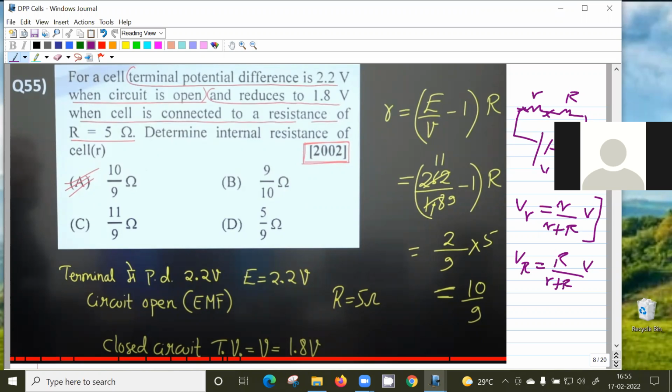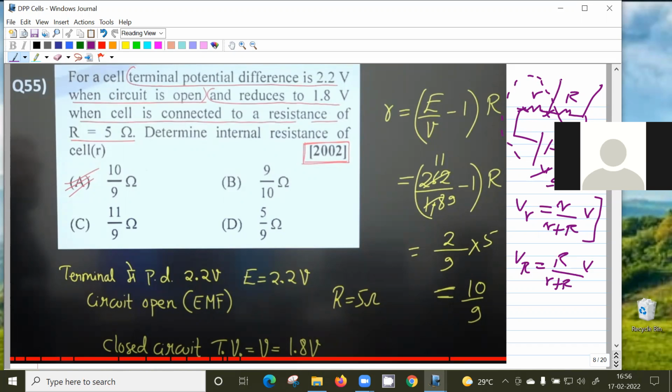Okay. So in the second case, this is the cell EMF, and the internal resistance r is there along with the external resistance. The terminal voltage is the drop across this capital R, because small r is internal to the cell.